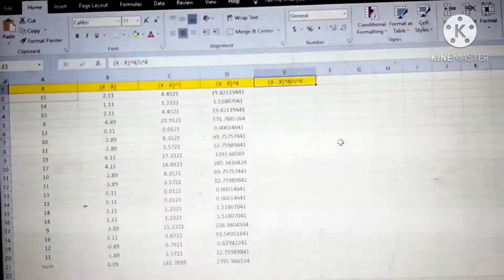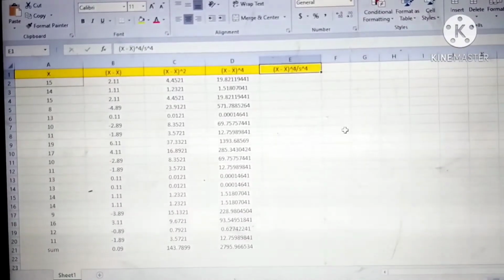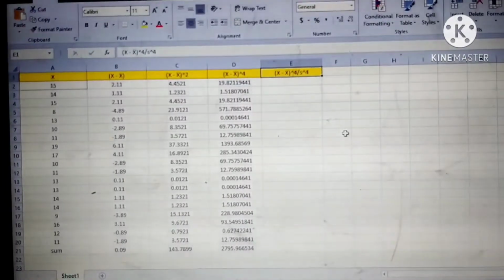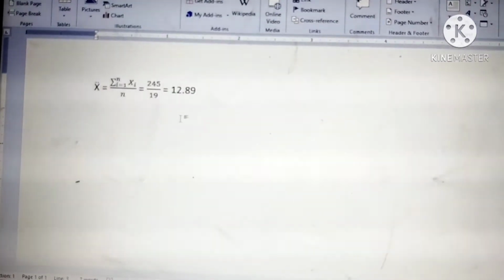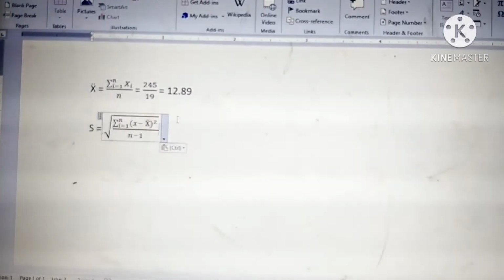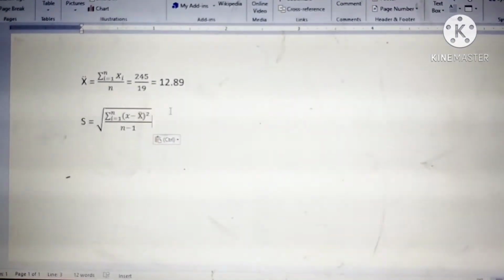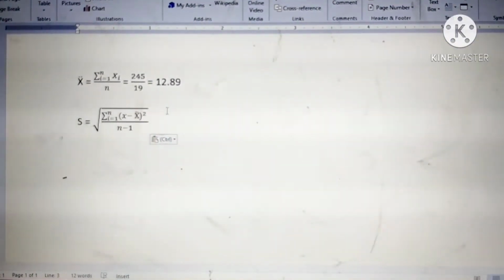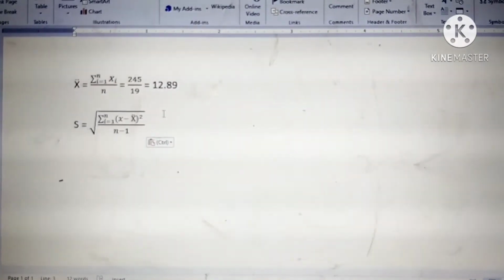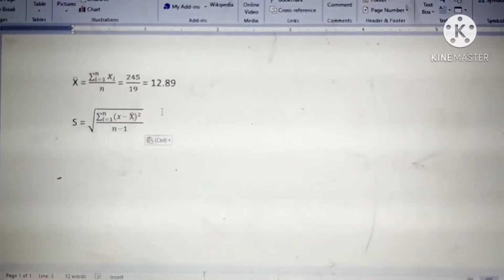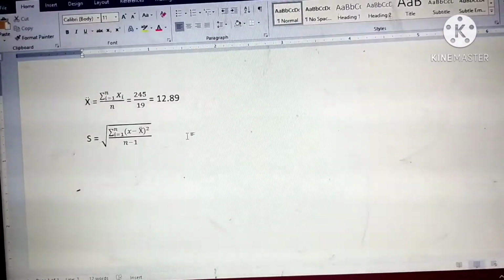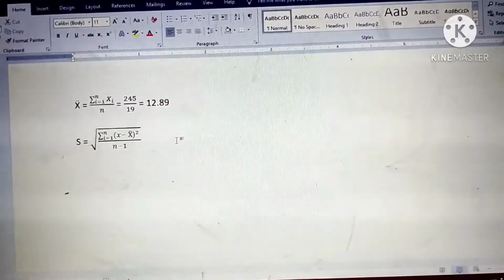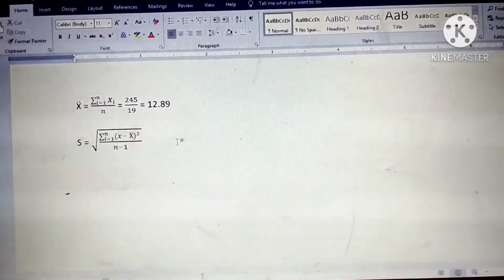But before that, we are going to find first the standard deviation. The formula for finding the standard deviation is: standard deviation is equal to the square root of the summation of the quantity of X minus the mean squared over the total number minus 1. Now let's substitute the value of X minus mean squared.